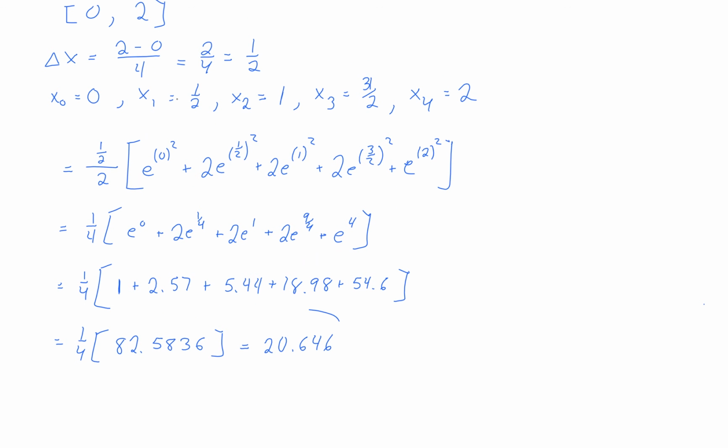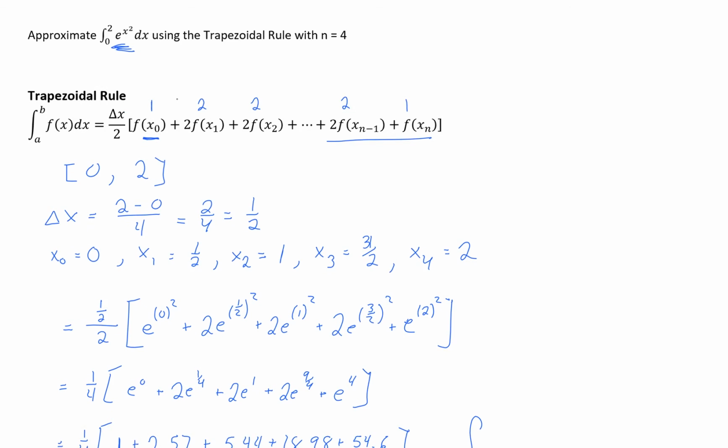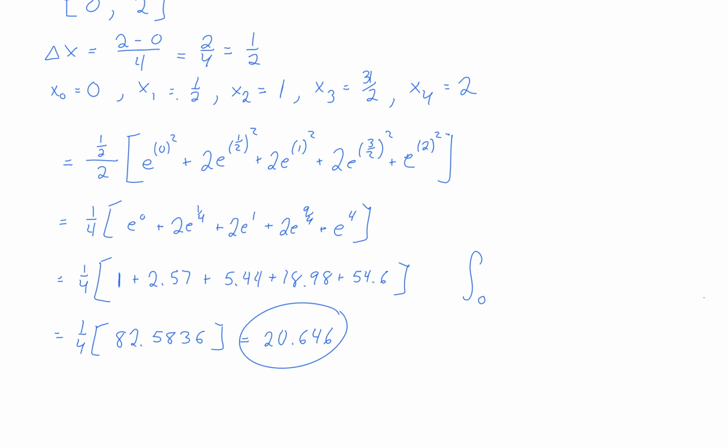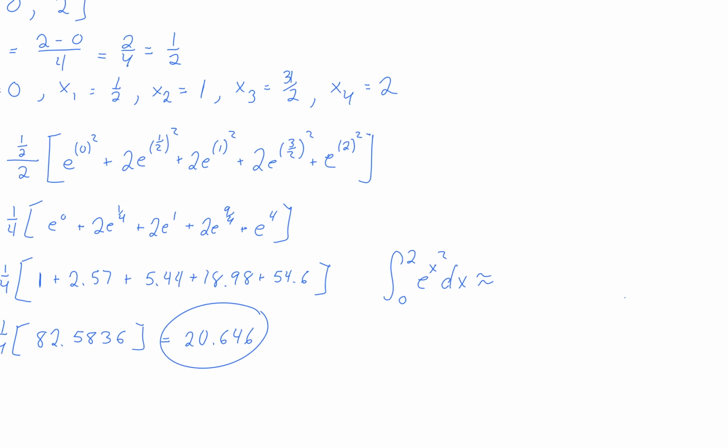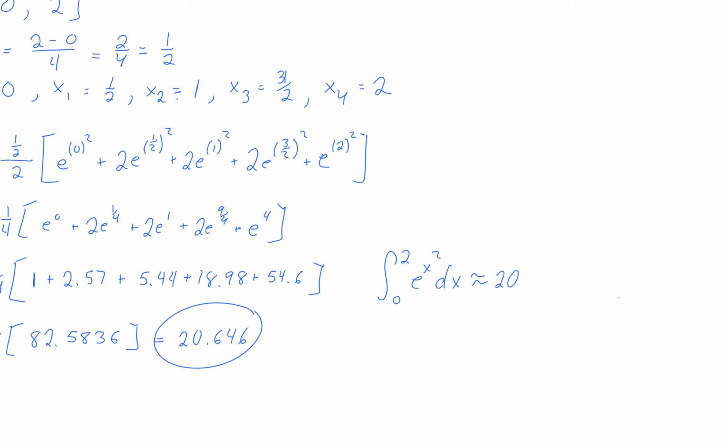So this allows me to say that the integral from 0 to 2 of e to the x squared dx is approximately equal to 20.646.